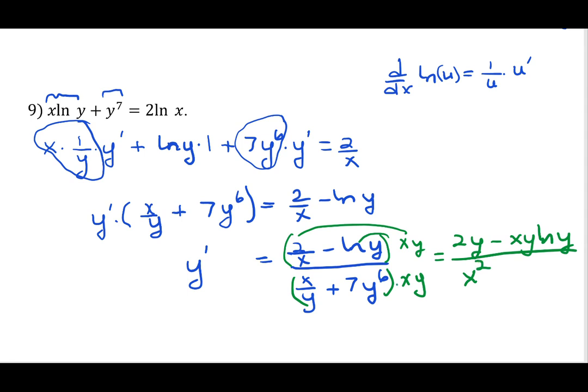And xy times 7y to the 6 will be plus 7xy to the 7. So our final answer is 2y minus x times y times ln y, all on the top, divided by, on the bottom, x squared plus 7x times y to the 7.